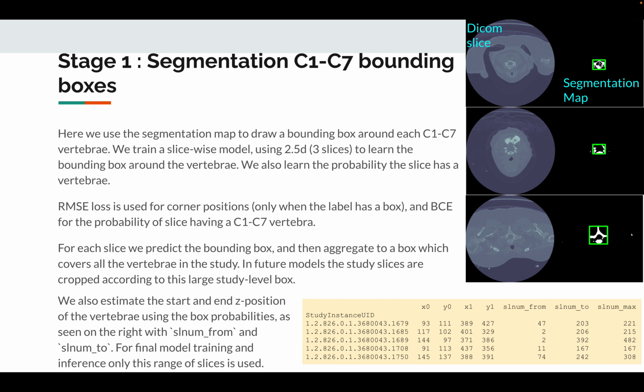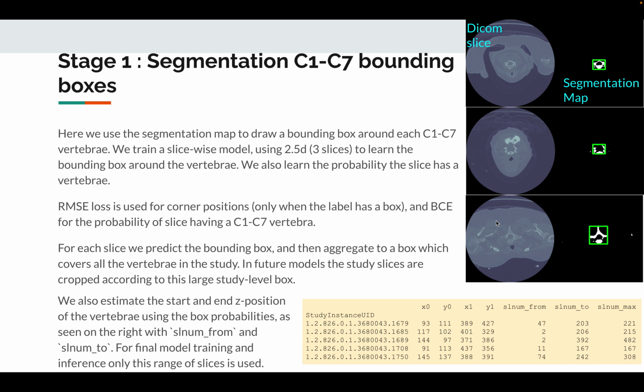Then what we do is we train where we have segmentation maps, and we predict it out for all the other data where we don't have segmentation maps. And then, as mentioned, we aggregate up to the smallest box that fits around all vertebrae in the study.